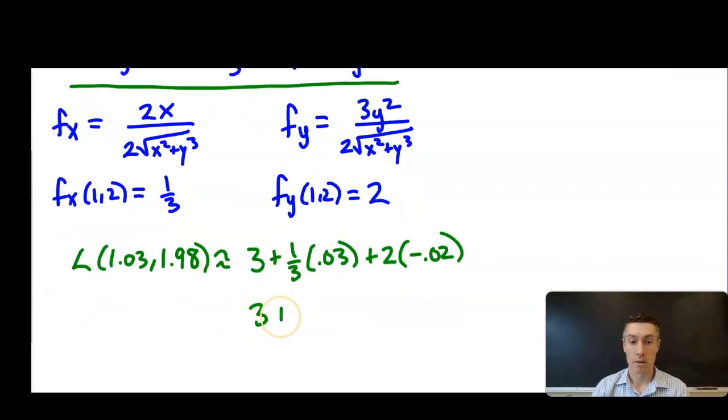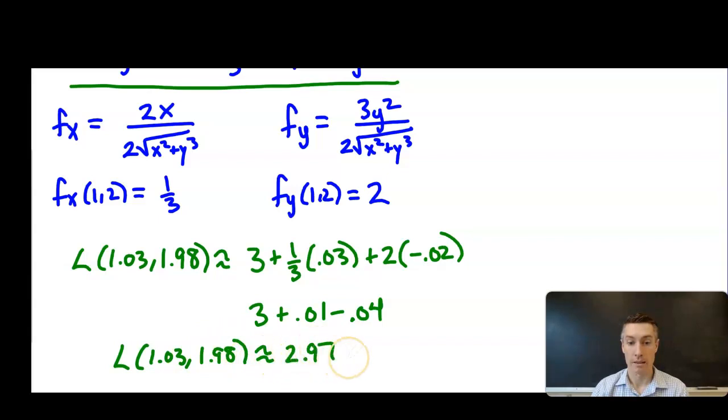So that's 3 plus 0.01 minus 0.04. So our linearization gives us an approximation of 2.97. And then we can talk about error bounds and things like that. We're not going to dive as deep into that. Okay, but just like with Taylor series and approximations, you can continue this conversation with error bounds and the like.